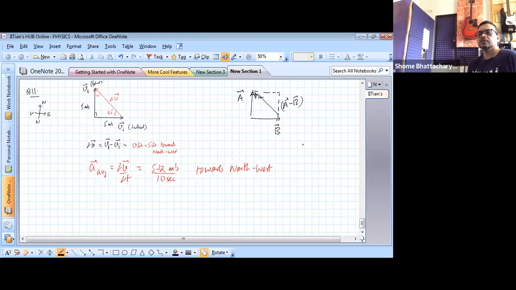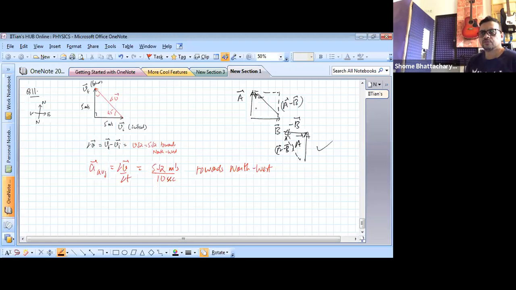Or you can also do it like this, that A plus of minus B, because if this is B, then this one is minus B. So this is A minus B. You can also do it by triangle law, like this. Okay, so hope this is clear.